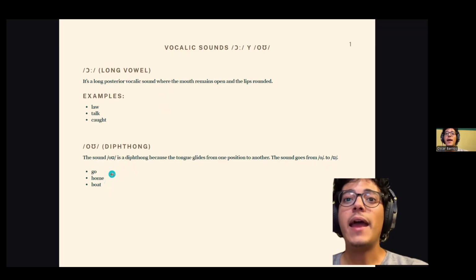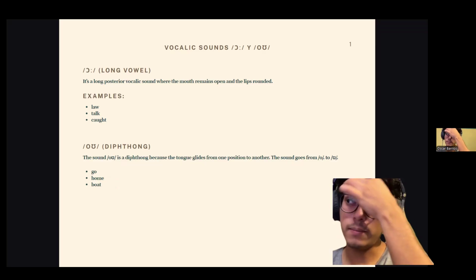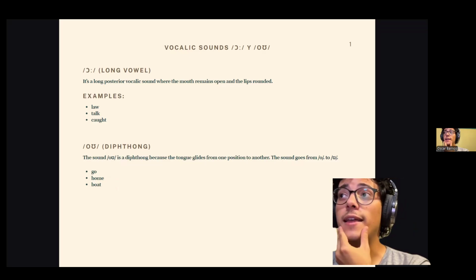We have go, home, and boat. That is the most exaggerated way, so we can properly see the pronunciation and the movement of the mouth while pronouncing those words and making that specific sound.